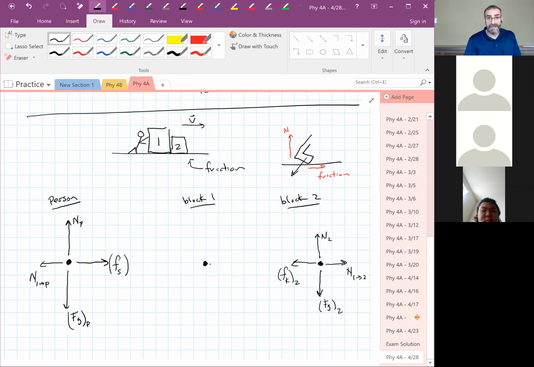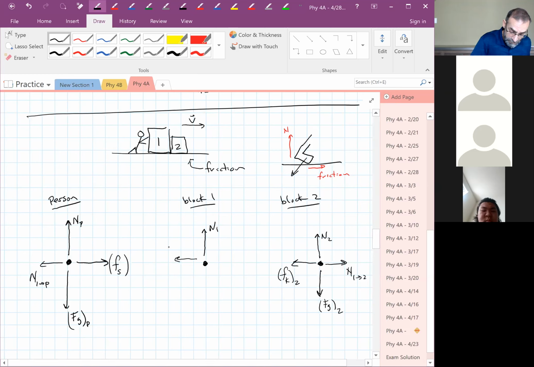The floor is touching block 1. That can interact through a normal force and through a friction force. So if block 1 is sliding to the right, the friction force would be to the left. F kinetic acting on block 1.